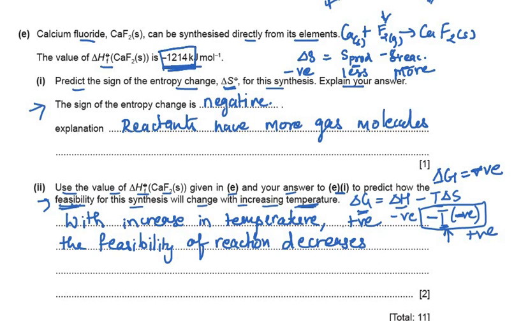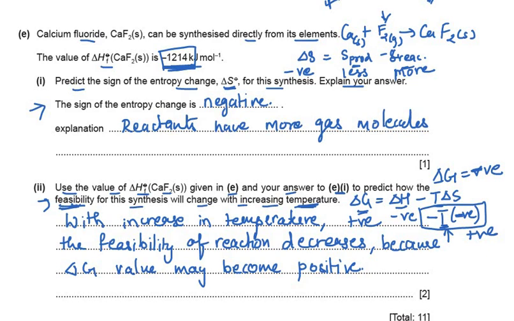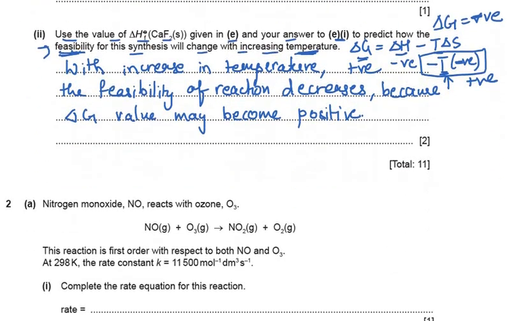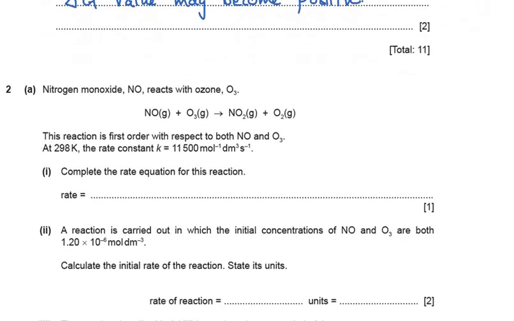And let's explain our answer also, because the delta G value may become positive, so the reaction becomes less feasible. And here ends our first question, and let's go with the second question.